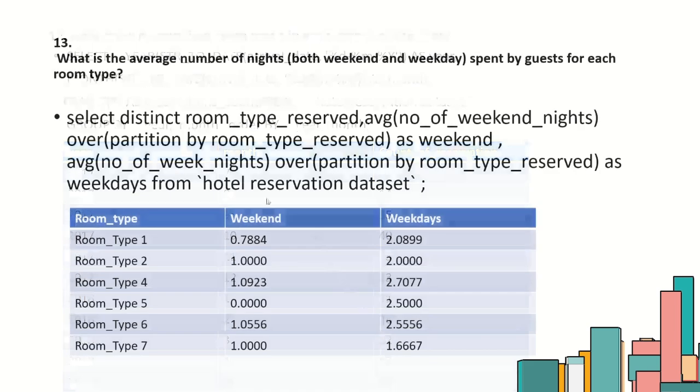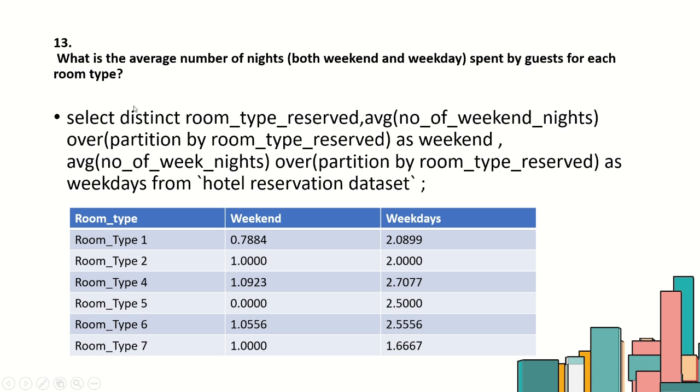Let's look at this question. Here it is asked: what is the average number of nights, both on weekend and weekday, spent by guests for each room type? Similarly to the previous question, I have ordered the output on the basis of room type for the weekend and weekdays. What I have used here is a window function.